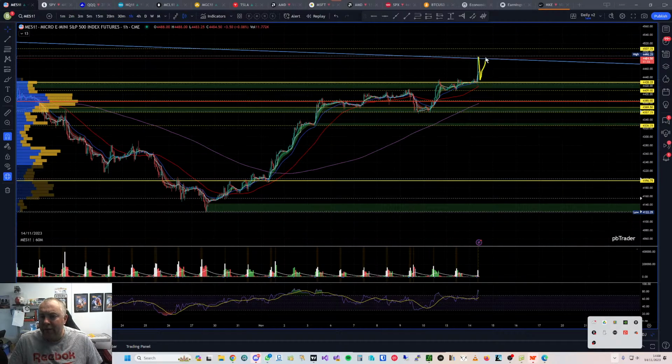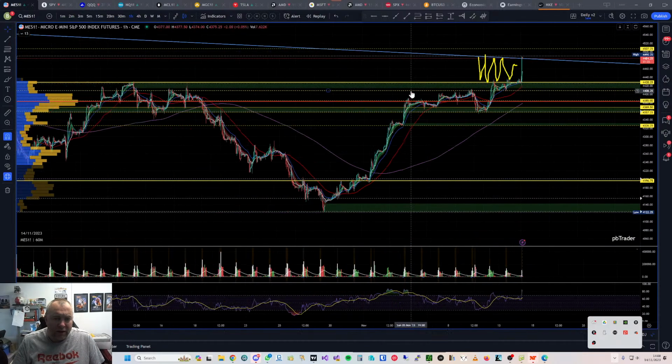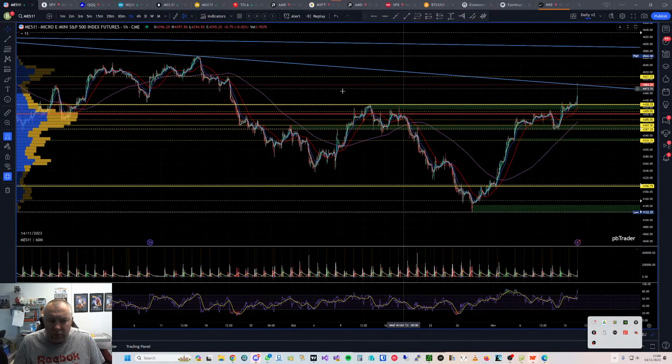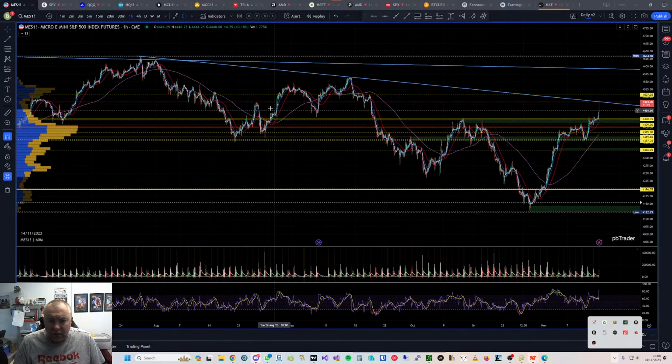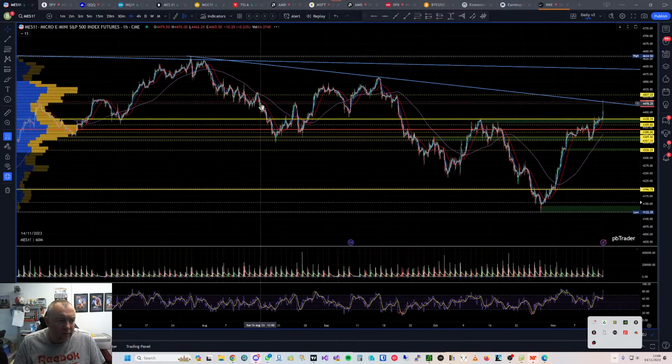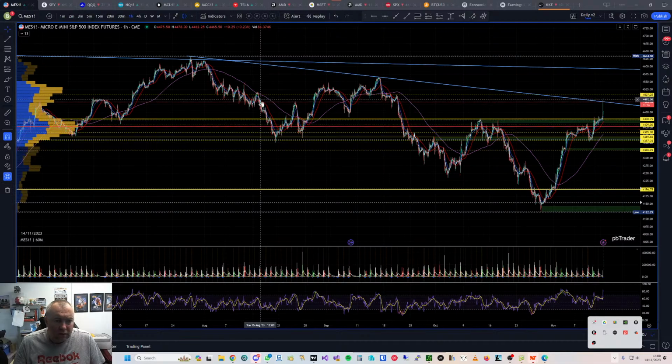If we are anywhere in between here, it's going to be a difficult one, and I probably want to avoid it really. If we've got any areas of resistance or support in this area, and we've potentially got 44, and that's exactly where we are right now.